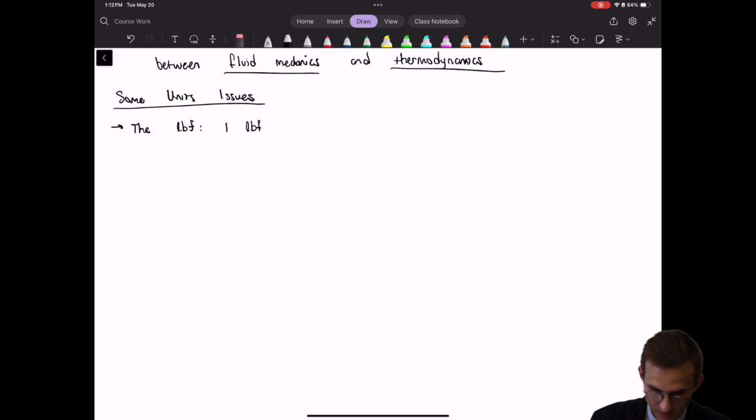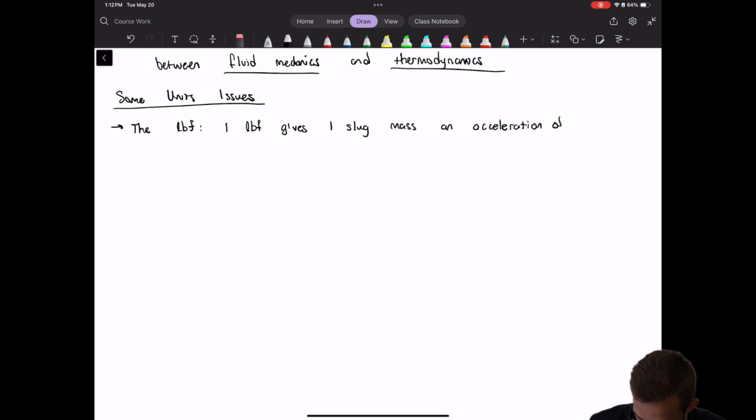So the way this is defined is that 1 pound force gives 1 slug of mass an acceleration of 1 foot per second squared.